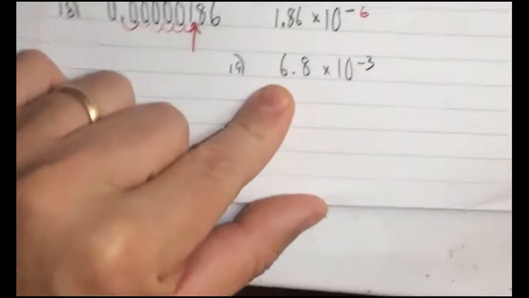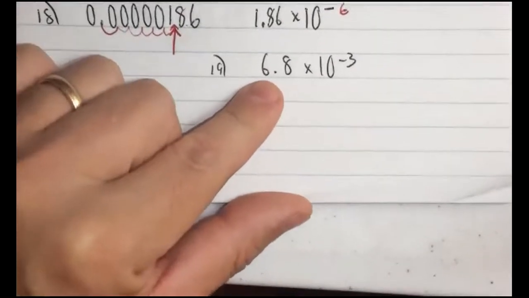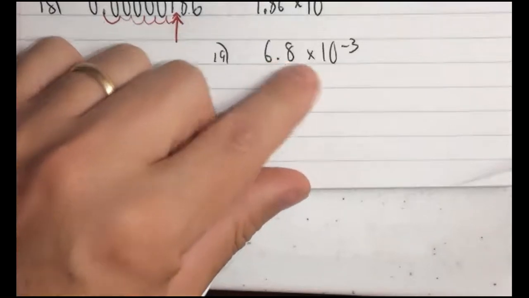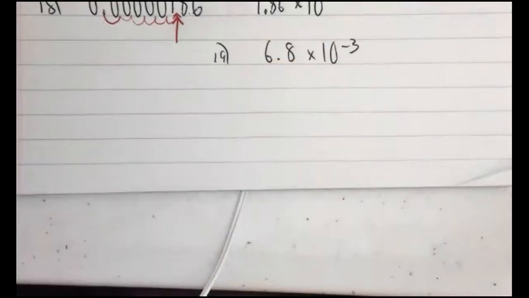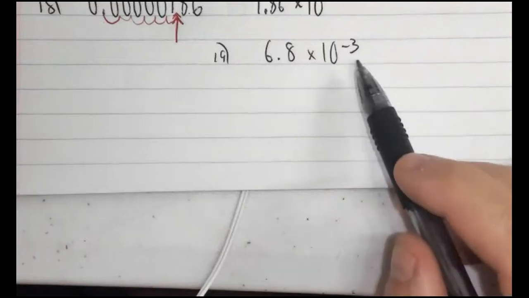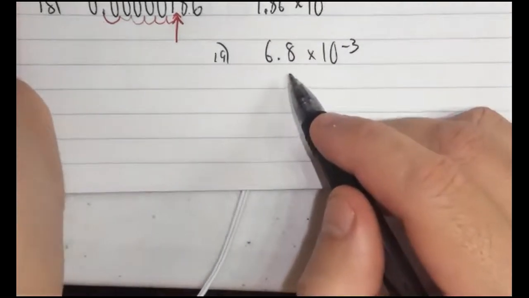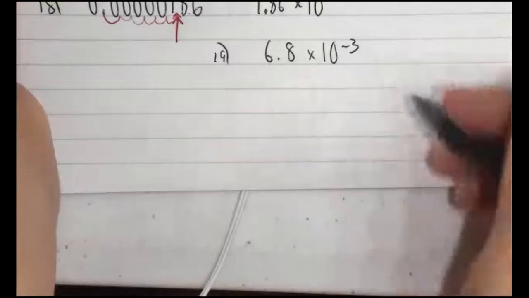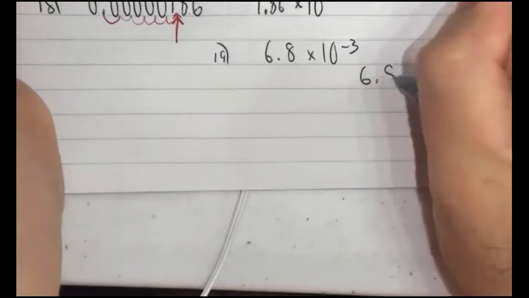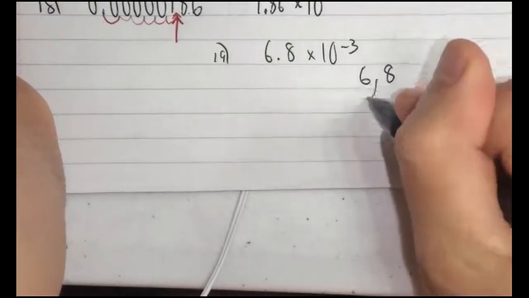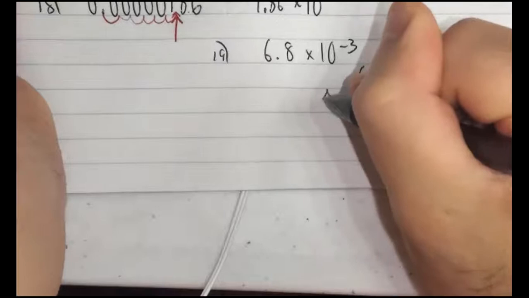It's right here. Okay, again, is that going to make that number bigger or smaller? And the way you answer that is looking at that exponent here. That's a negative exponent. So 6.8 isn't going to get bigger. If it was positive, it would get bigger. So we know it's going to get smaller. How much smaller? I've got to move it 3 places to the left. So we count 1, 2, 3.